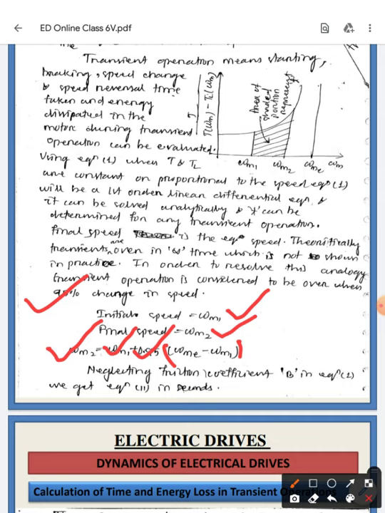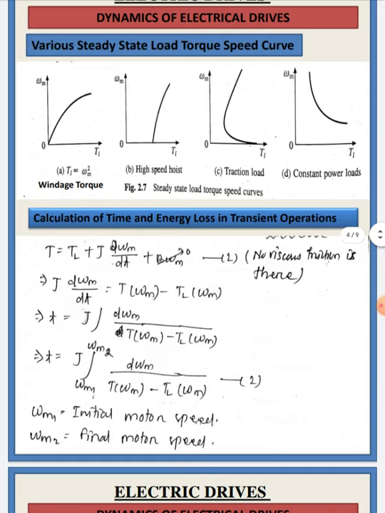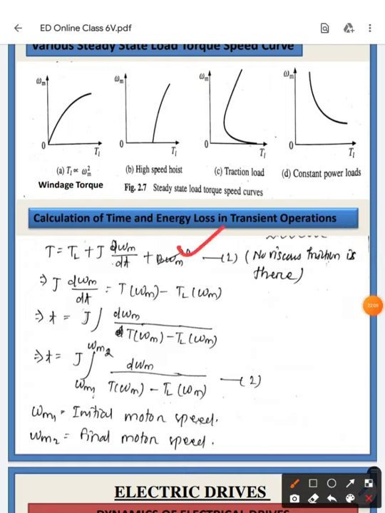Neglecting the frictional force or friction coefficient B in equation number 1, we can get equation number 2. So if we neglect it in equation number 1, we will get the time in equation number 2, right?